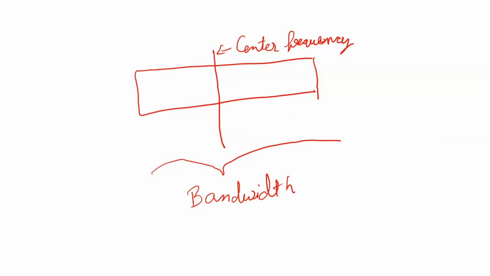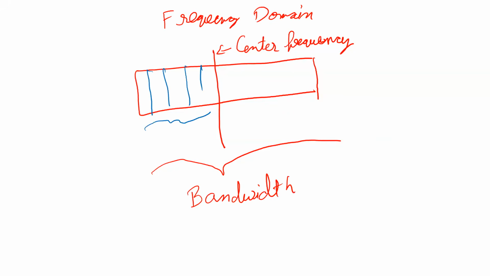We are talking about the frequency domain here. And this bandwidth is divided into what we call subcarriers. Right? So these are all our subcarriers.